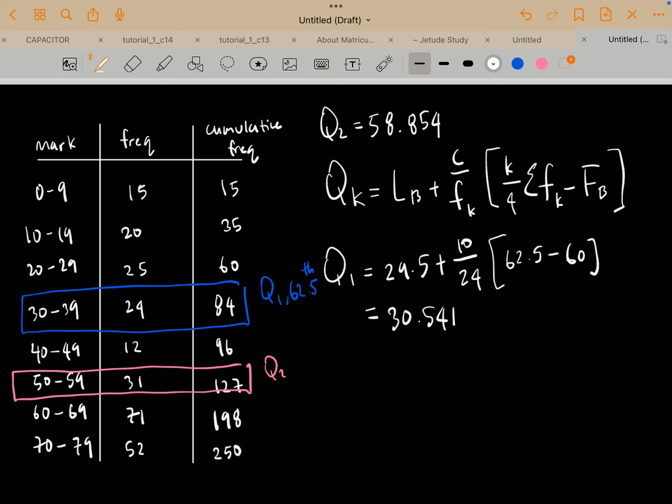Alright, and I'll give you time to do Q3 for yourself, but you should get 68.02 for Q3. So that's how you find the median, the first quartile, and then the third quartile of a given grouped data. Thank you.